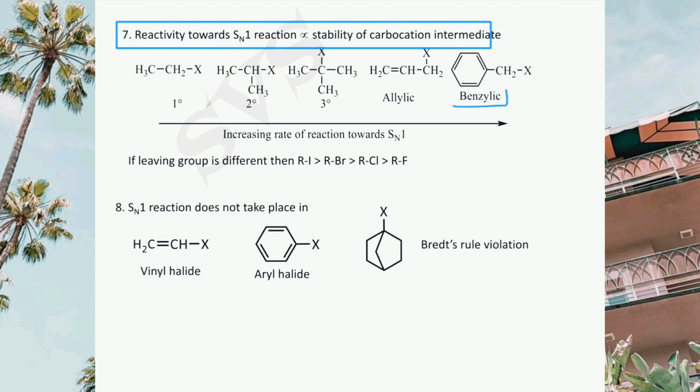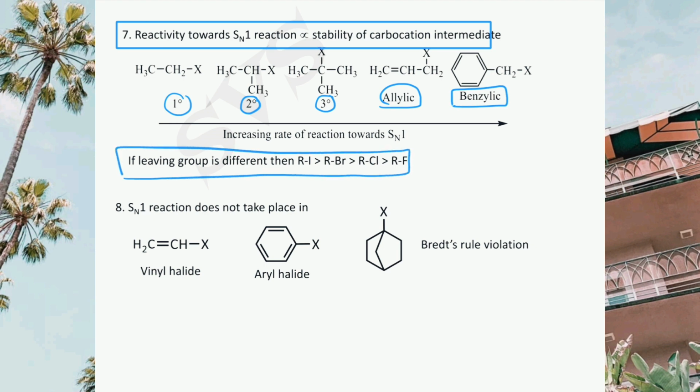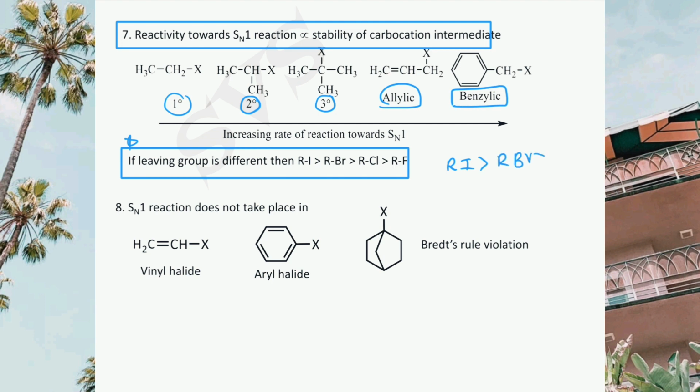Remember: benzyl, allyl, tertiary, secondary, primary. And a better leaving group will increase the rate of SN1. Alkyl iodide is the best leaving group compared with alkyl chloride and fluoride because of its large size.